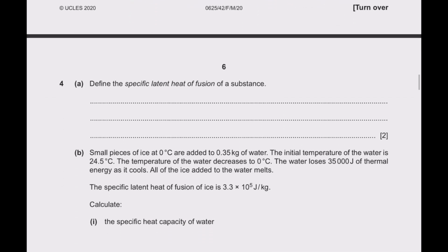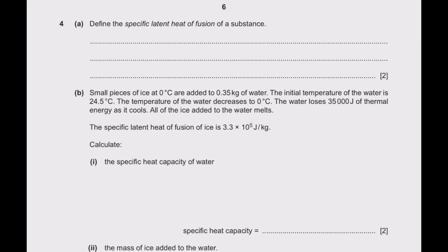Now question number 4: define the specific latent heat of fusion of a substance.